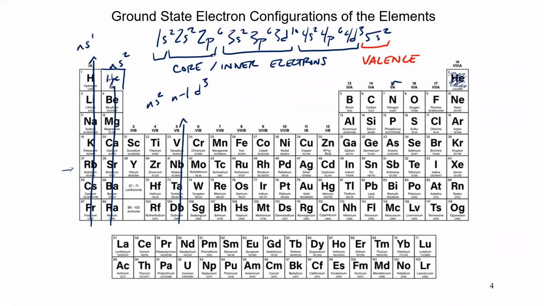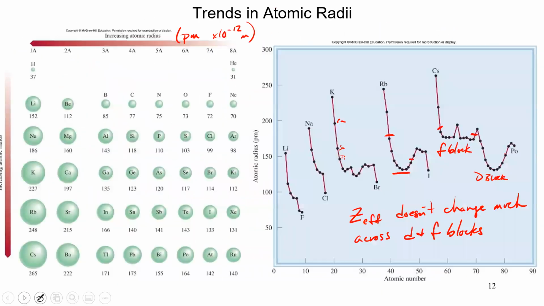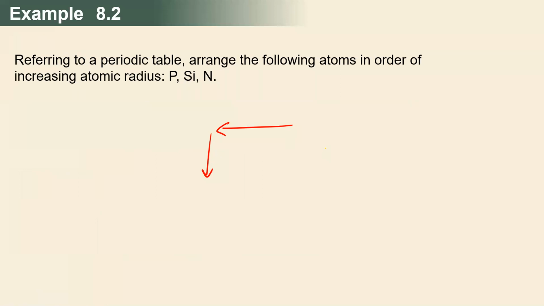I'm just going to highlight those. So which of these do we think is going to be the smallest? Nitrogen, followed by phosphorus, and then silicon the last. Yeah. So let's go back here. So we think that nitrogen is smaller than phosphorus, is smaller than silicon.